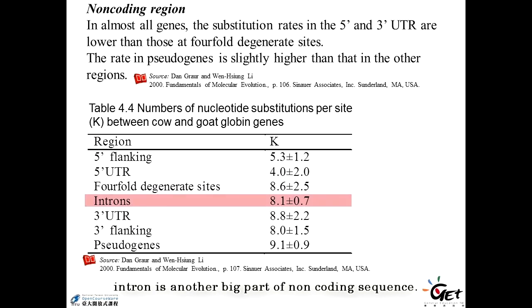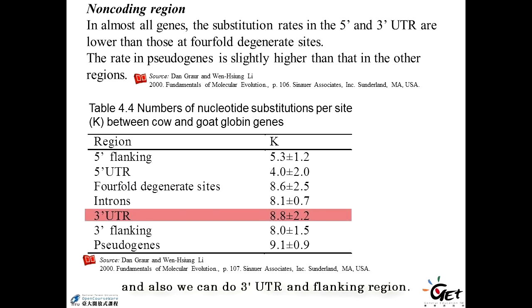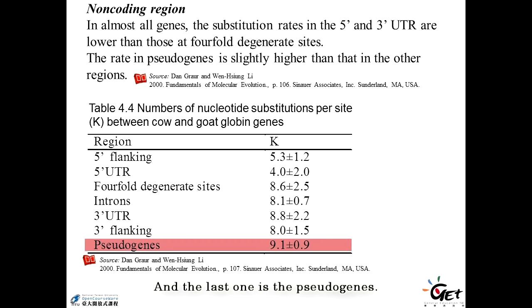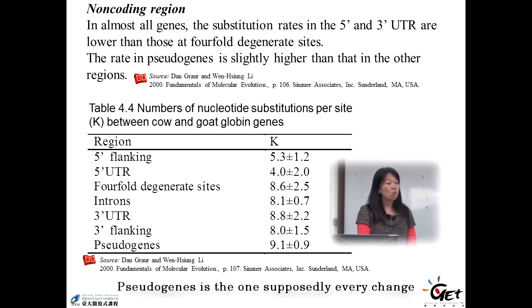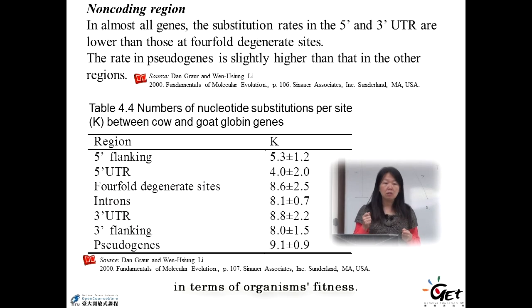Then, of course, intron is a big chunk of non-coding sequence sitting within a gene, and you can also do 3' UTR and flanking region. And the last one is the pseudogenes. A pseudogene is one where supposedly every change at the locus doesn't have any consequence in terms of the organism's fitness.